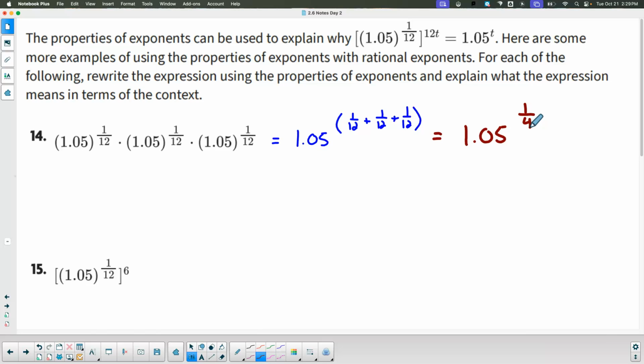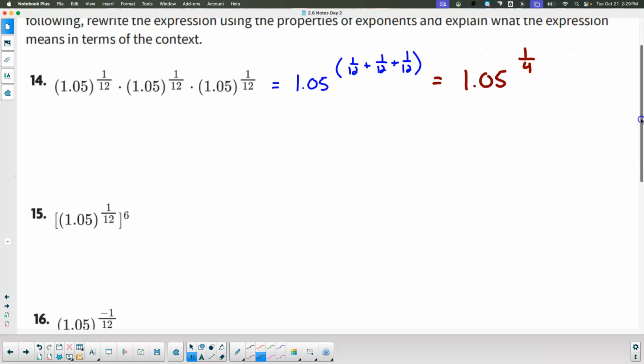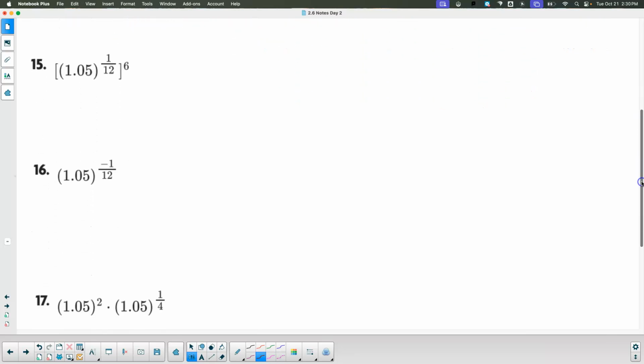The power of 1/4? Yep, because 3/12 reduces down to 1/4. Okay, number 15, power to a power. What do I do with that? Multiply them? What is 1/12 times 6? 1/2.